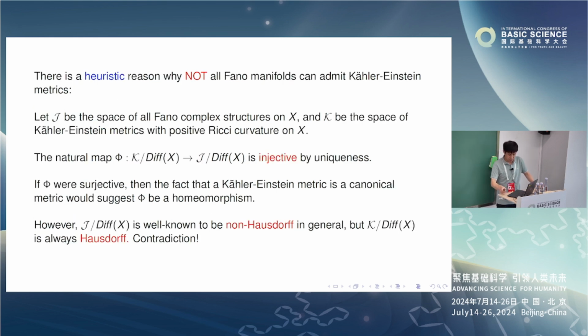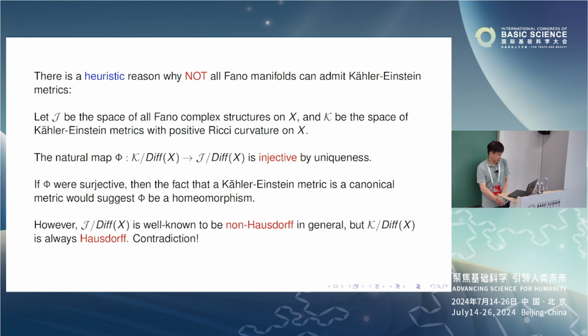So, before we get into the main theorem and the very technical parts, let me just use one slide to explain that there's a heuristic reason why we believe that not all Fano manifolds can admit Kahler-Einstein metrics.